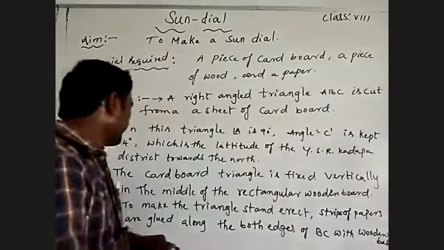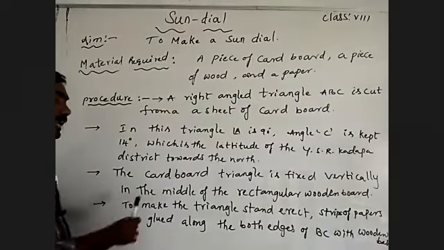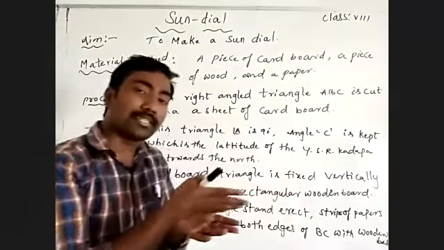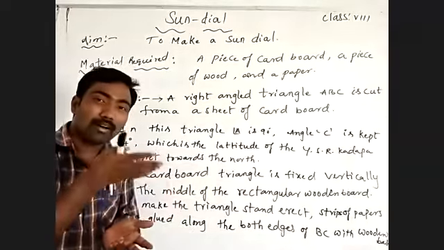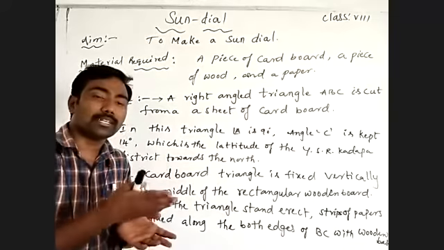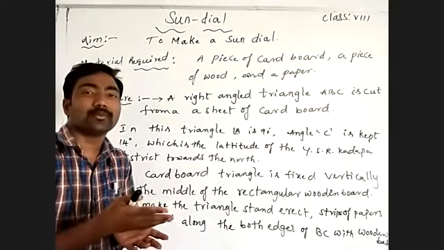So to make the triangle stand erect, meaning vertically, we arrange the triangular cardboard on the wooden base vertically.